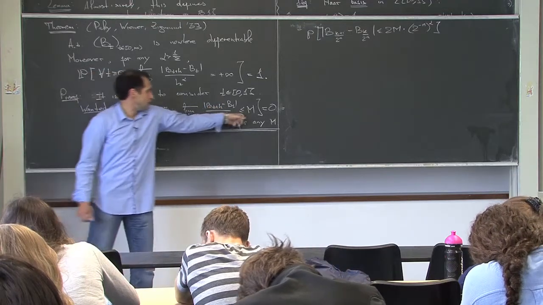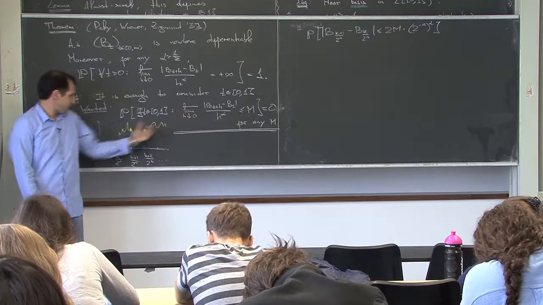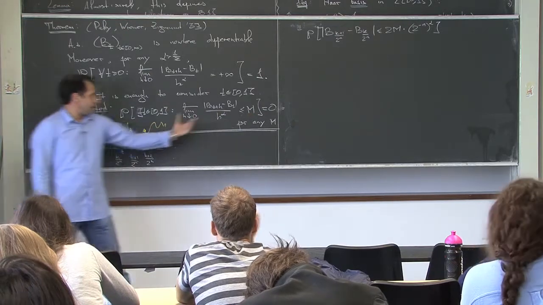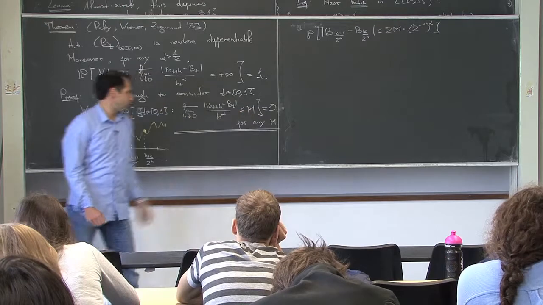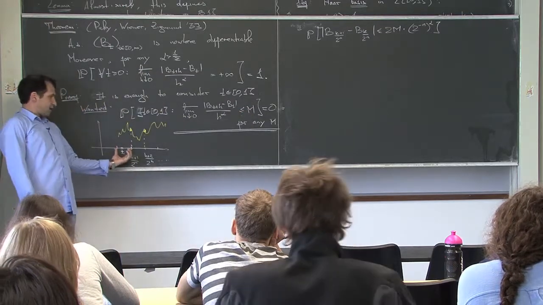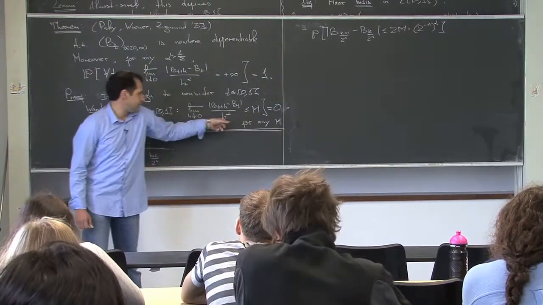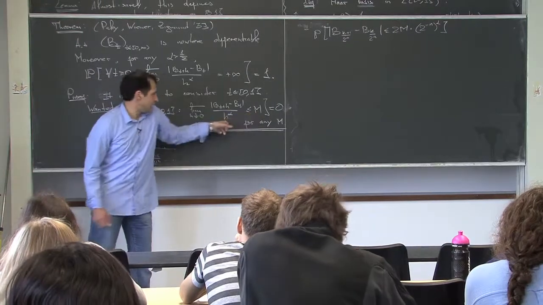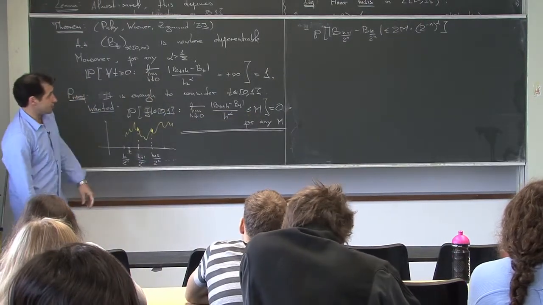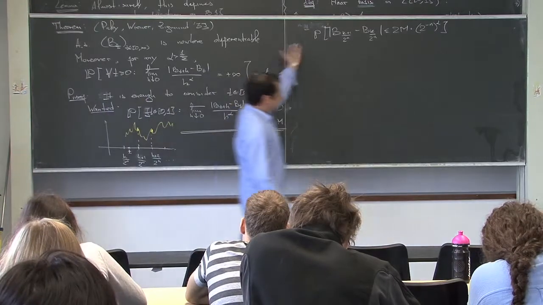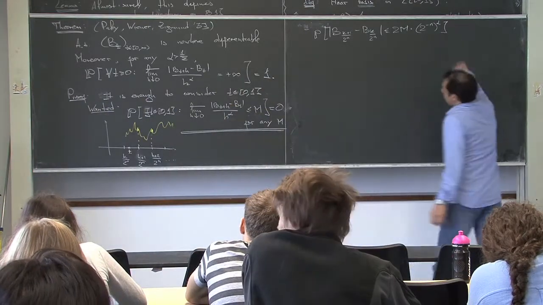If I know this is the case, then in the neighborhood of t, I have all these increments bounded by a constant times m. Then I know that this increment is also bounded by a constant times m, and 2^{-n alpha}. So this probability, of course, can be easily estimated.